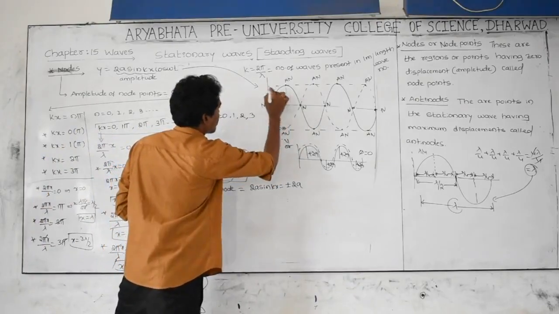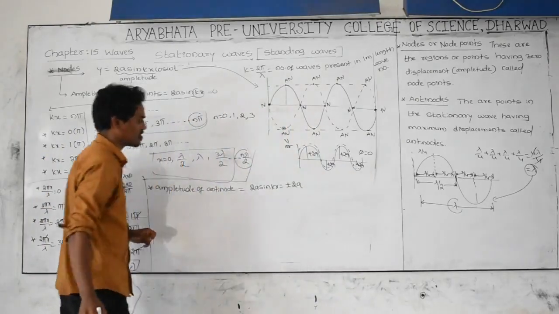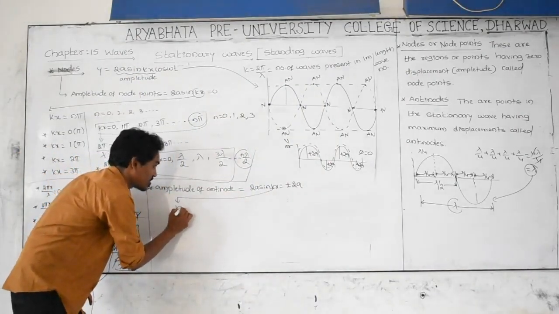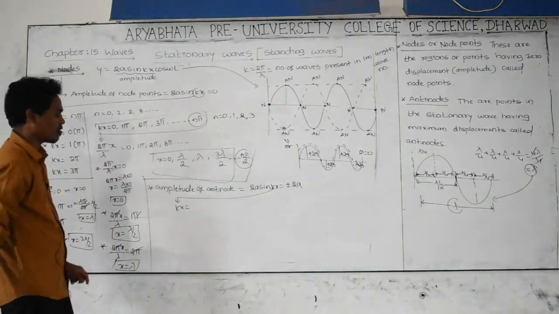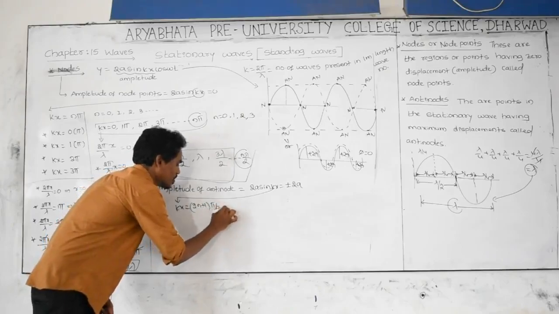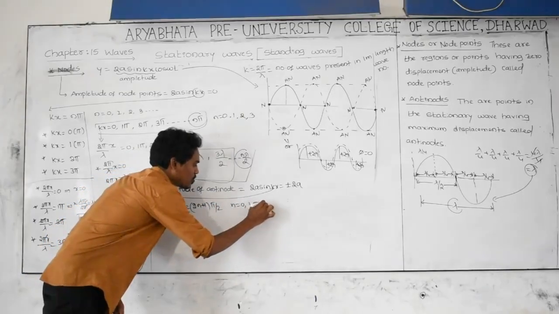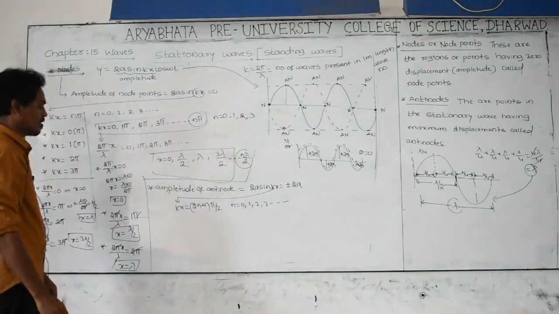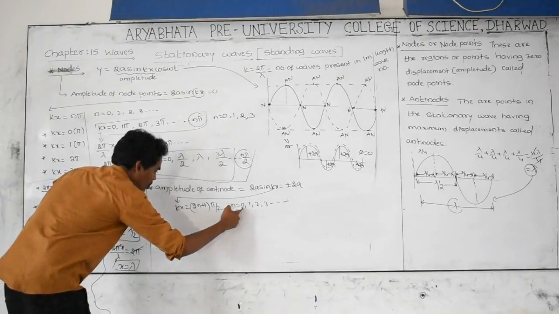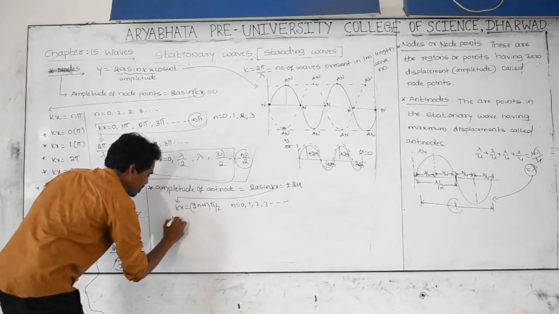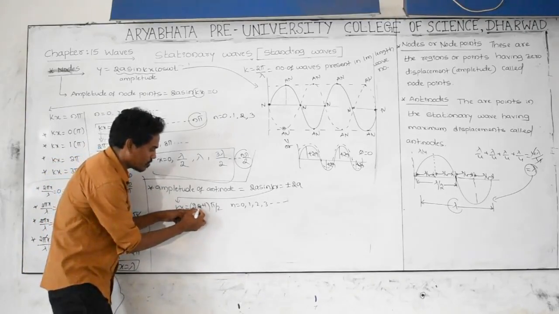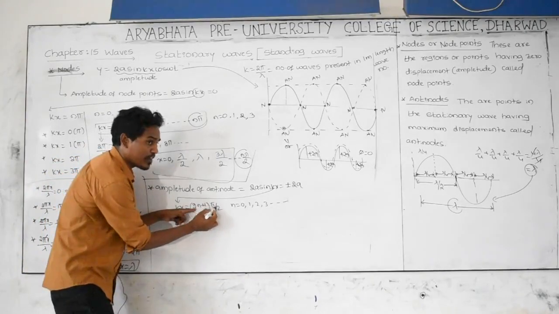Or the phase difference is 180 degree, here the phase difference is 0 degree. From the equation I am taking, kx is equal to the general formula 2n plus 1 into pi by 2, where n is equal to 0 or 1 or 2 or 3, and so on. If n is equal to 0, 2 into 0, 0, then plus 1, 1 into pi by 2, that is pi by 2.